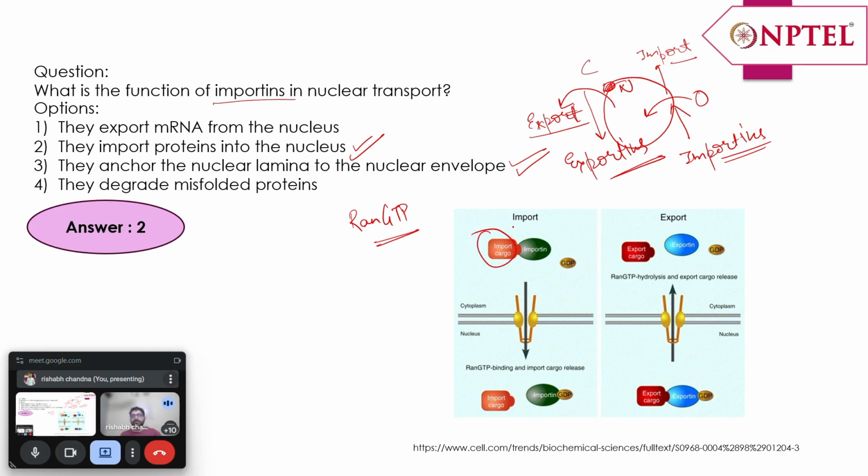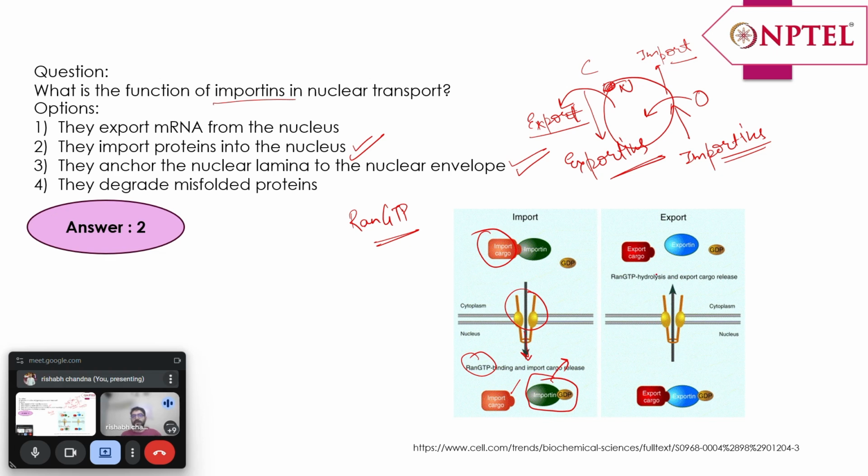If it has to import it, it binds to the nuclear pore complex, and when it enters, the Ran GTP protein will now bind to the particular cargo and release the importin into the nucleus.